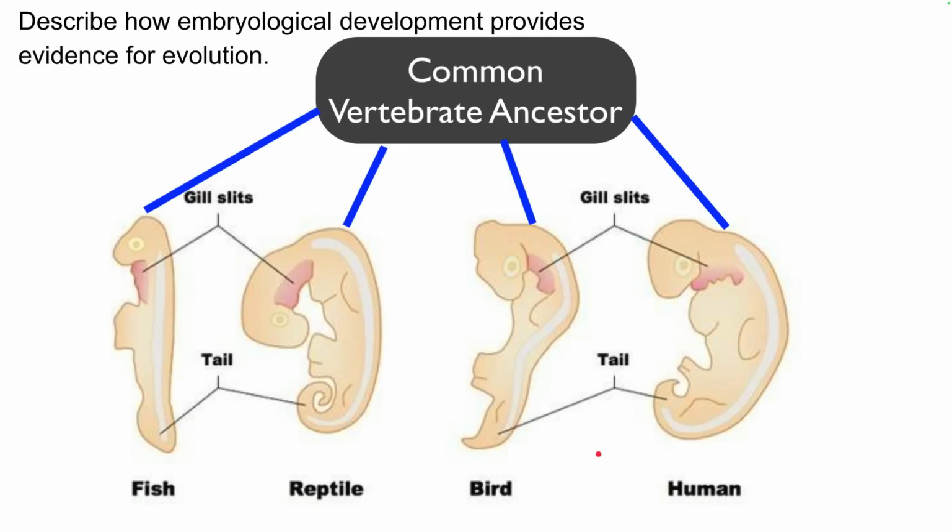There was a common vertebrate ancestor that gave rise to the lineage of fish, reptiles, birds, and humans. Descent with modification leads to the elaboration of form in different lineages, the different body forms of fish, reptiles, birds, and humans. But the embryonic similarity, along with fossil evidence, shows that all of these organisms are descendants of a common ancestor.